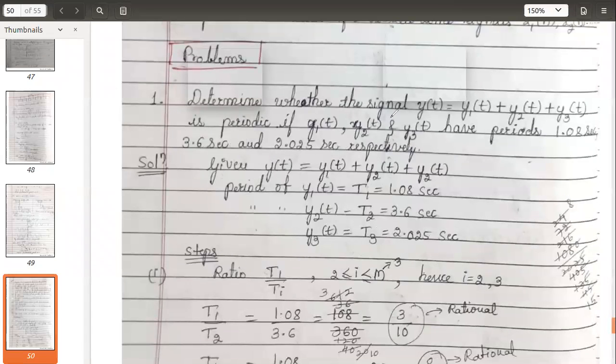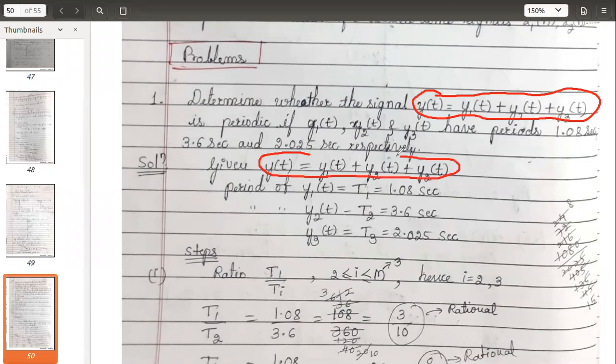So let's start solving. First step, list the given data. What all is given to you, just list it out for your reference. Very first thing, they have given you that y of t is the sum of 3 signals. I have written that. Then all these individual signals have got periods, and those values are given in the question. So list that.